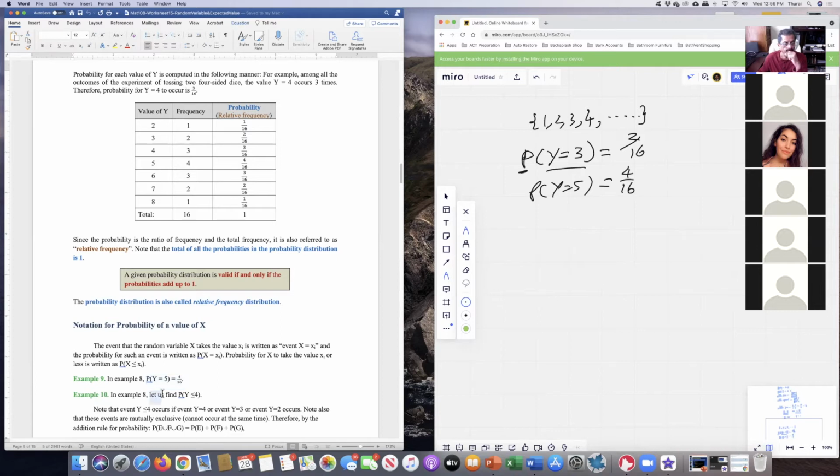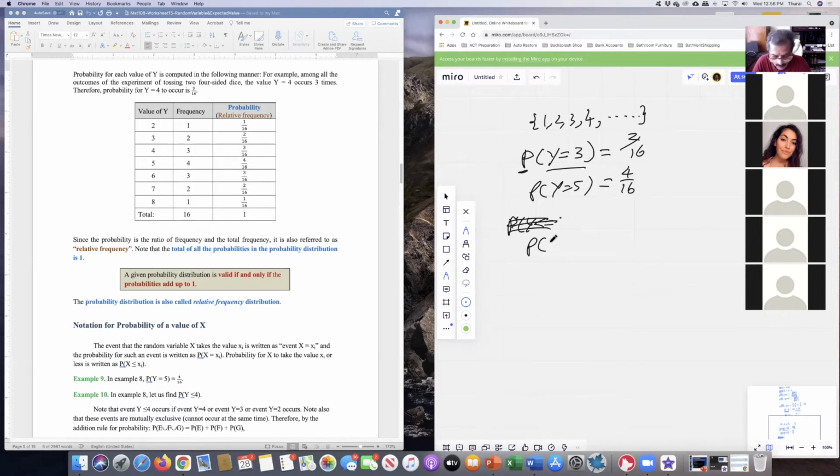Now, if I ask you, what is the probability y less than or equal to 4? Let me explain that on the board. Probability for y less than or equal to 4. Sorry, I'm writing that in programming language. I just taught a programming class, so I can't get over the habit.